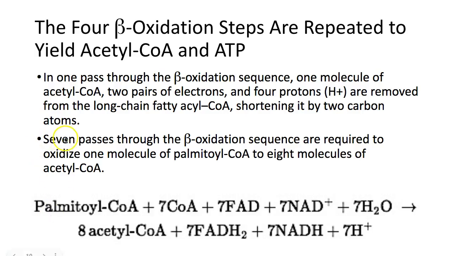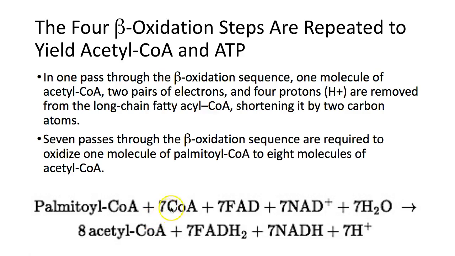If it goes through seven passes, that means 7 acetyl coenzyme A are produced, and you have one remaining. So you end up with 8 in total of acetyl coenzyme A.